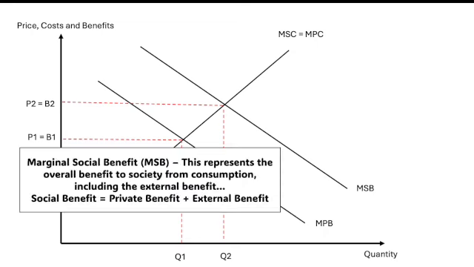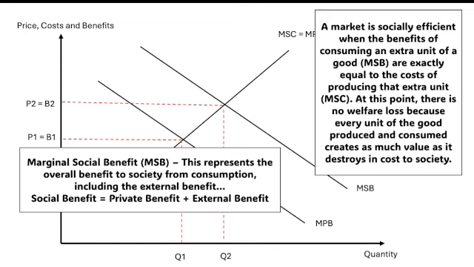What does that mean? Well, the social benefit is the private benefit, so those involved in the first and second party, as well as the external benefit, which is the third party. So what we're saying here is it doesn't just benefit the consumer and the producer, but it also benefits the third party, it benefits society, and therefore we want it to be consumed.